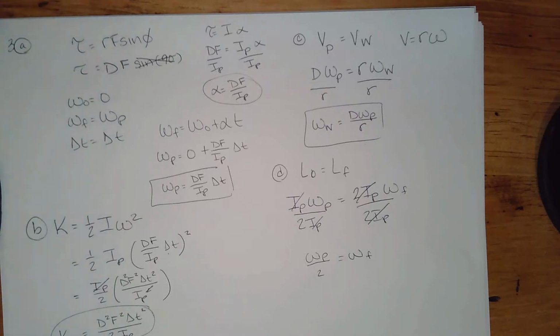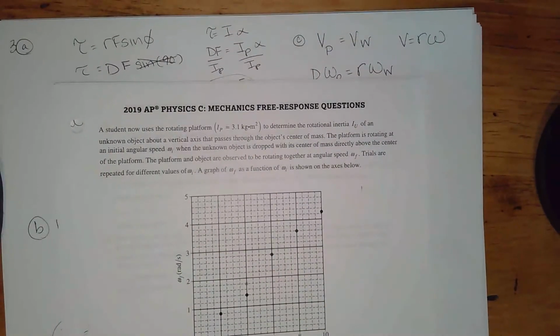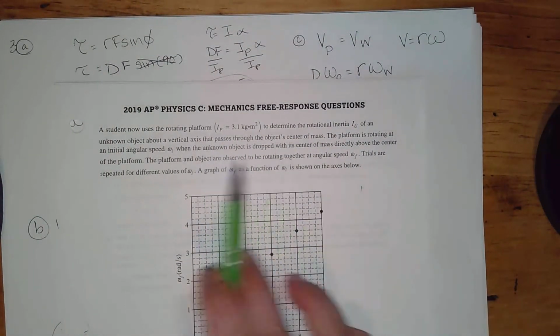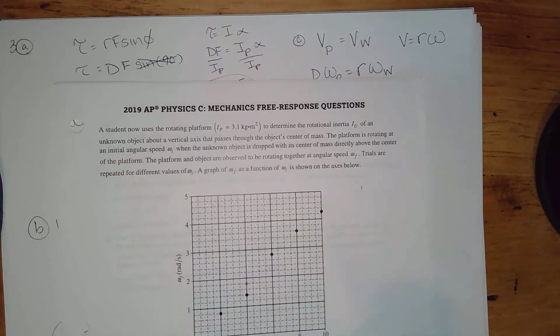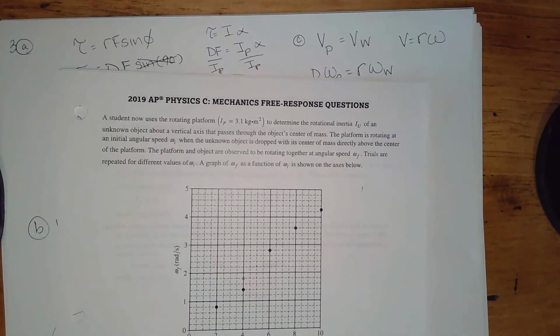Okay, next page. It says now we're going to use this rotating platform, which has an IP of 3.1, to determine the rotational inertia of this unknown object about a vertical axis that passes through its center. So the platform is rotating, they drop this other object on it, and they're rotating together at omega final, and here they've repeated the trials, so here is a graph of omega final to omega initial.